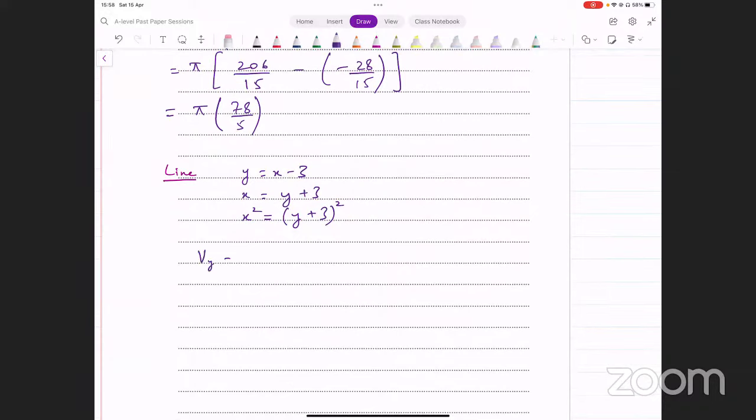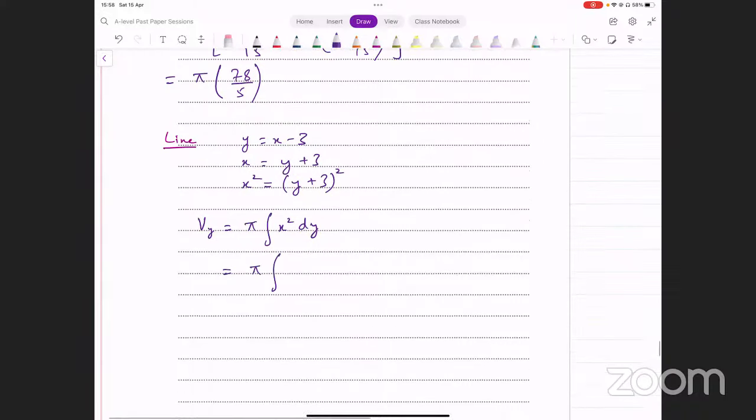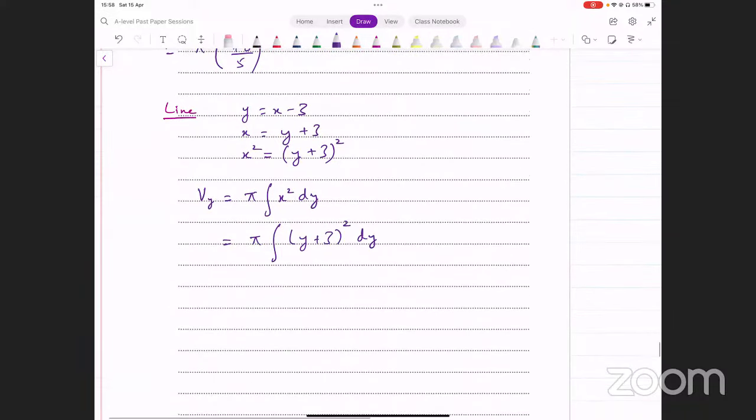Vy is equal to pi into the integral of x squared with respect to y. Now input y plus 3 whole raised to power 2 with respect to y. We can integrate this directly since the inside part is linear. The limits are from -1 to 2.